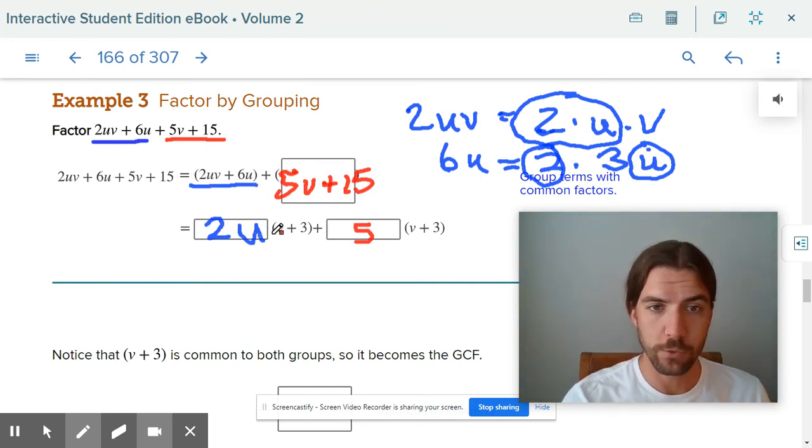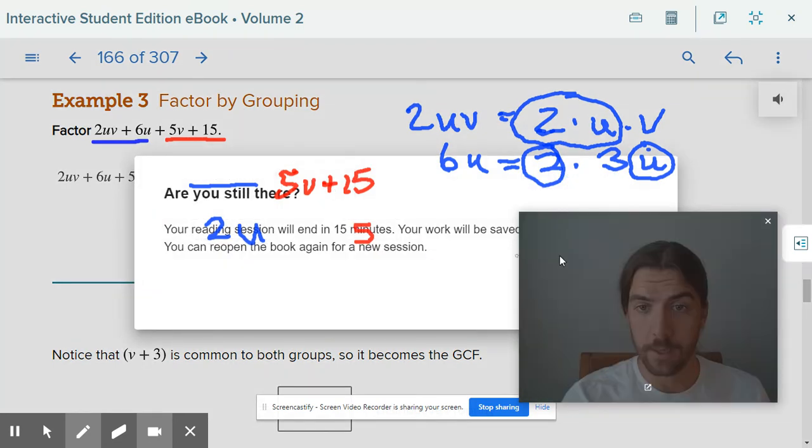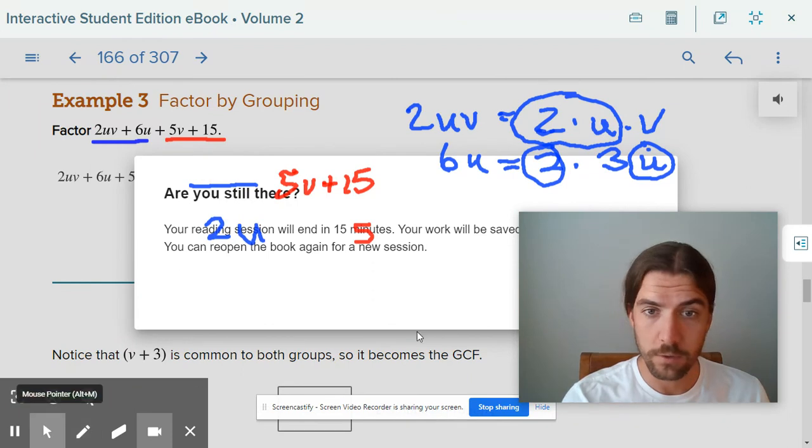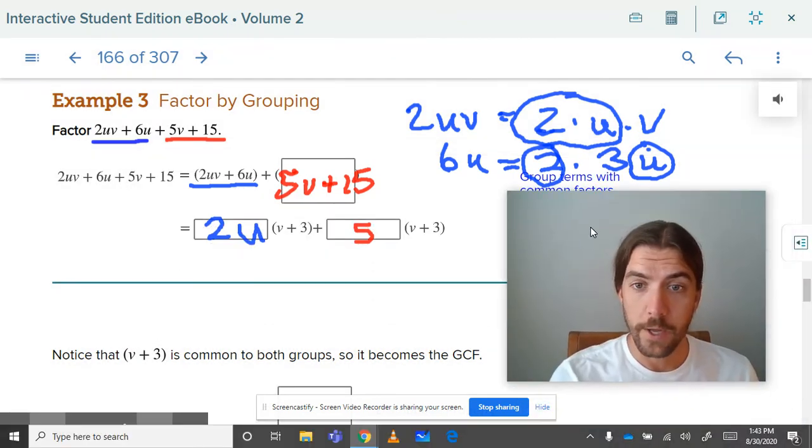So now the blue group has become just 1 term, a product of 2u and the quantity v plus 3. The red polynomial is broken down where we factor out a 5, so it becomes 5 times v plus 3.